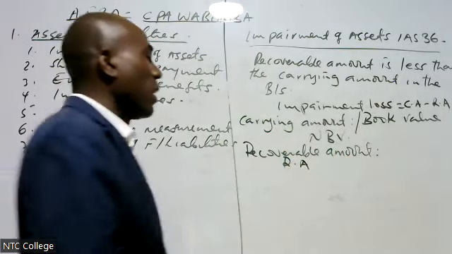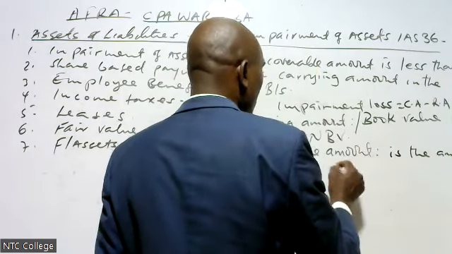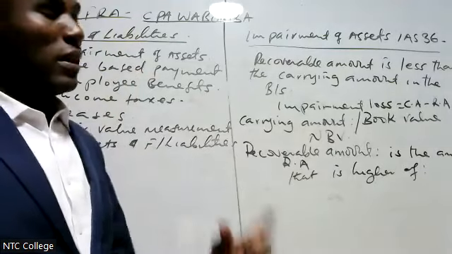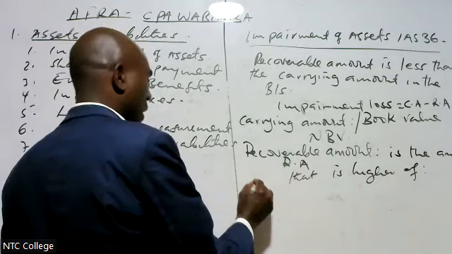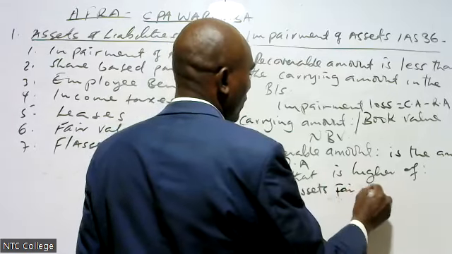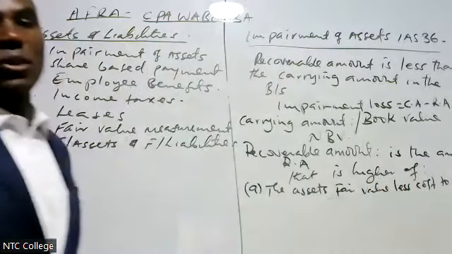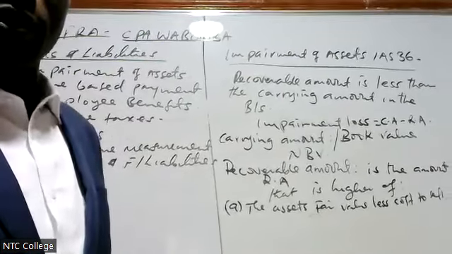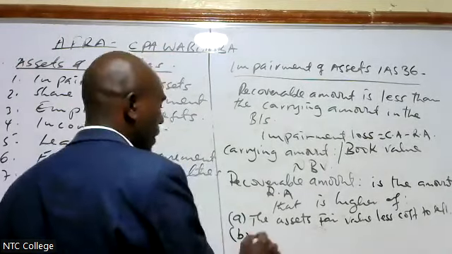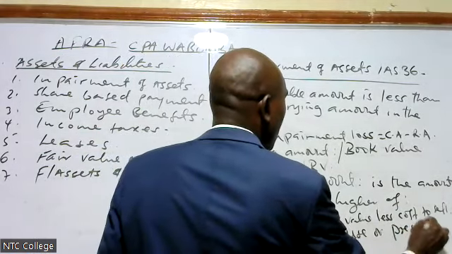The recoverable amount of an asset is the amount that is higher of: Number A, the asset's fair value less cost to sell; Number B, the value in use, or present value.